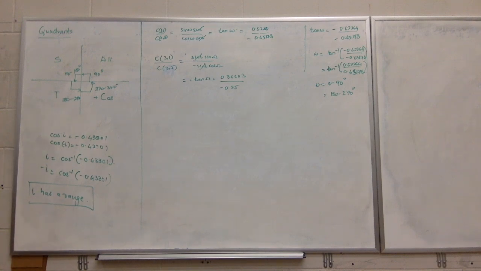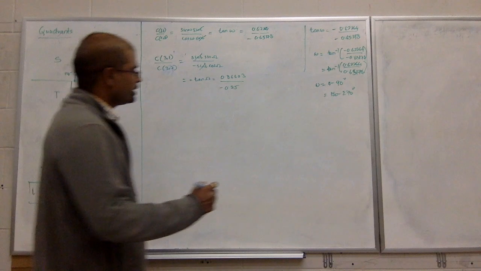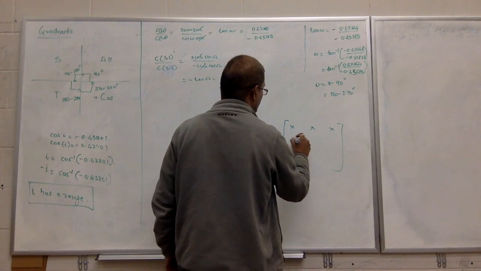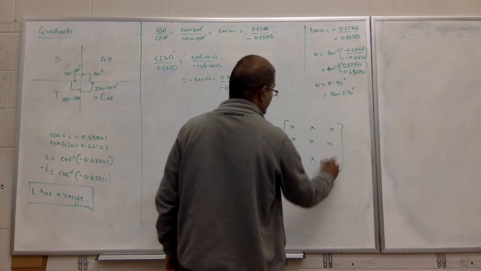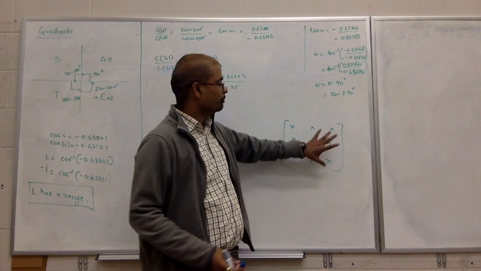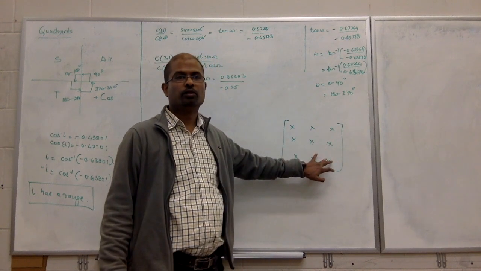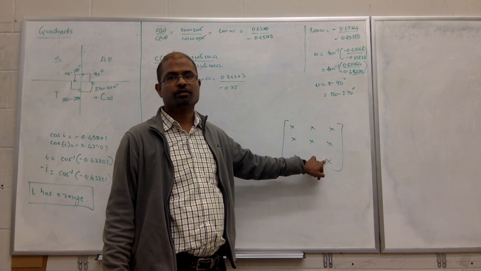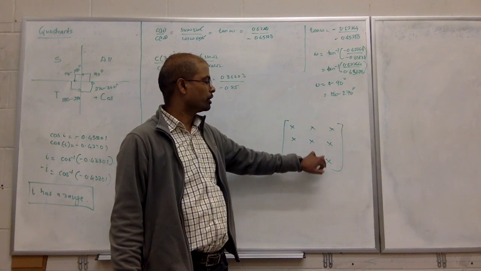If you take the norm, the magnitude of the third row, 1, 2, 3, what do you think you're going to get? See, this is a very wonderful matrix, this DCM. There are 9 elements. Just take this square, this square, this square.